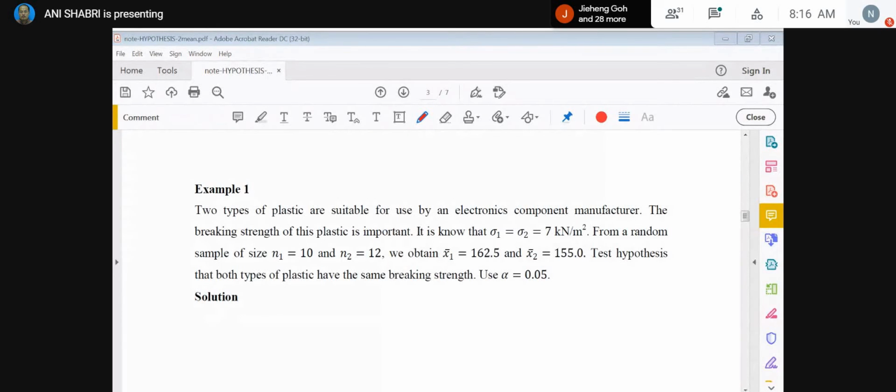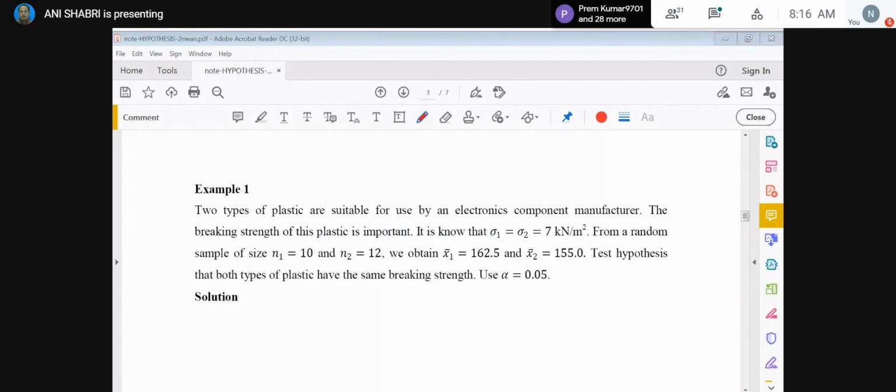From a random sample of size N1 equal to 10 and N2 equal to 12, we obtain X1 bar equal to 162.5 and X2 bar 155. Test the hypothesis that both types of plastic have the same breaking strength. Use alpha equal to 0.05.